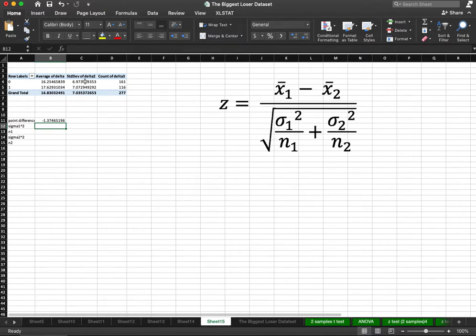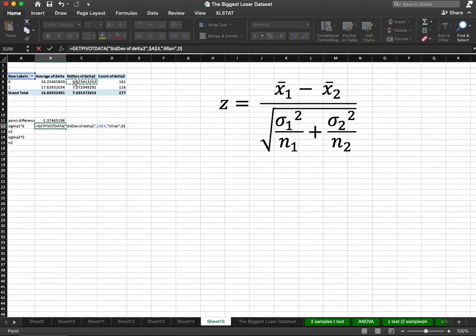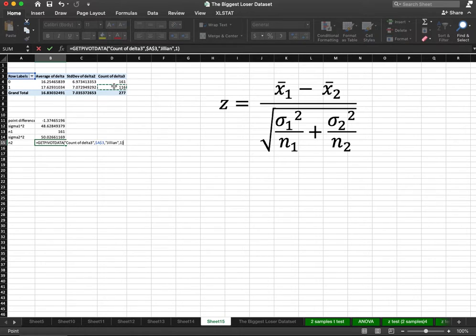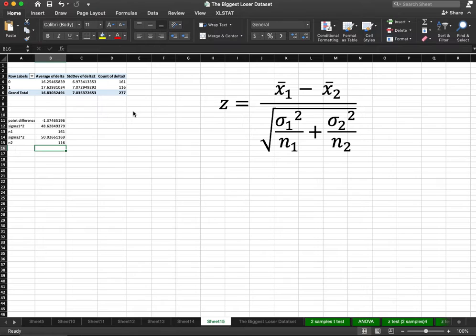Sigma 1 is this. So I will do equals this value. It's shift 6 for the little caret 2. That squares it. My n1 is this. Okay. Sigma 2 is this value, caret 2, and my n2 is equal to this. Great.